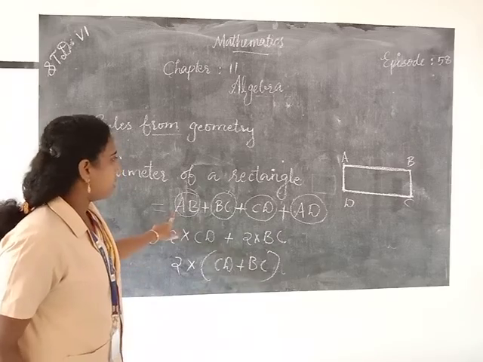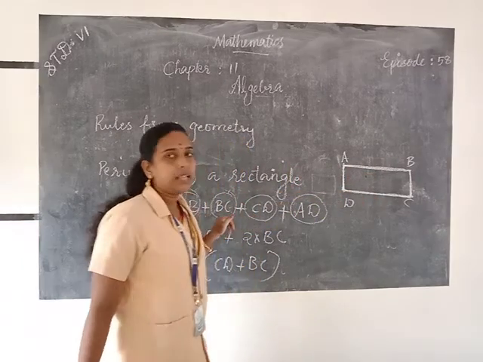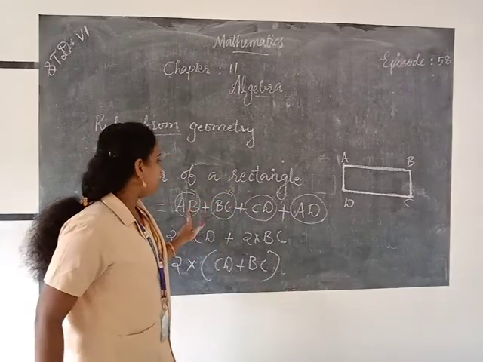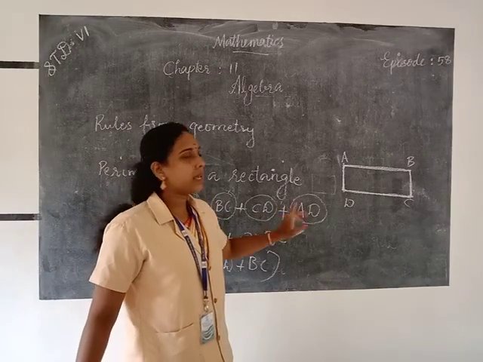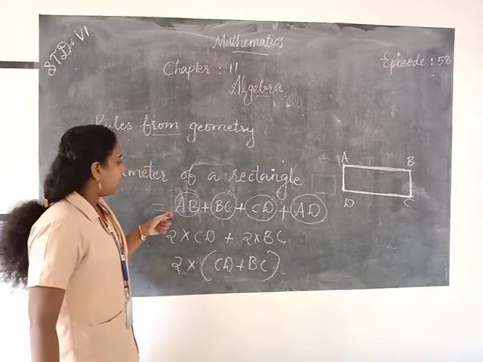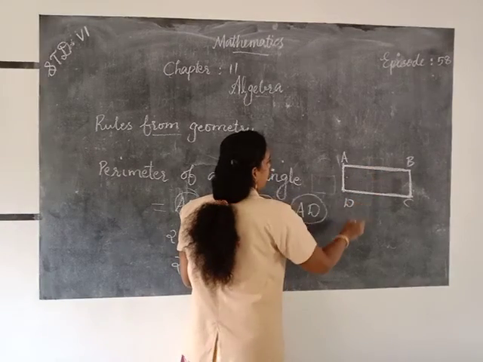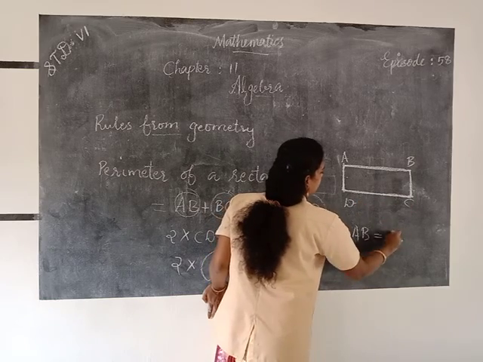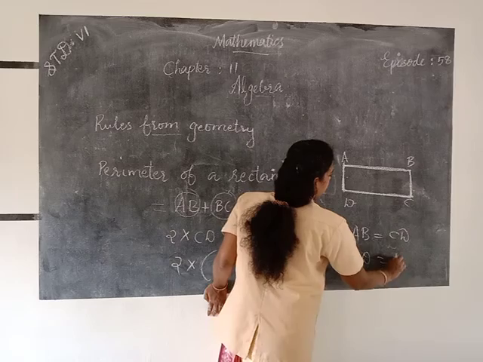So here first we add all sides, length of all sides of the rectangle, then we get the perimeter of the rectangle. So the sides are AB, so length of AB plus length of BC plus length of CD plus length of AD. Then here we know that the opposite sides of a rectangle are of equal length. That means AB is equal to CD and AD is equal to BC.